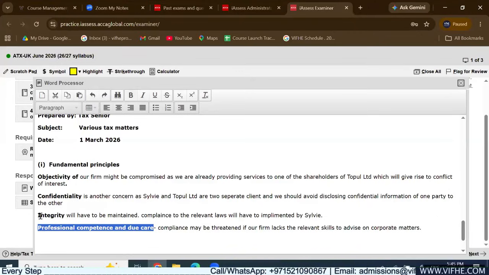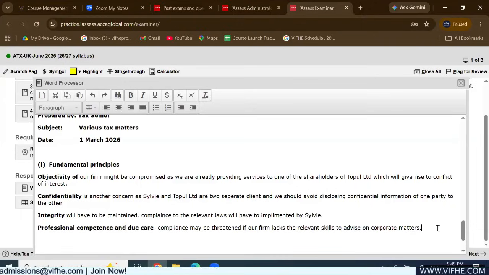Now, what could be the other point? What could be the last point, so that we will be showing how we have covered the whole matter completely, how we have covered the 5 marks entirely. So either suggesting the possible solution of objectivity and confidentiality and even integrity could be one extra point that you can apply over here.